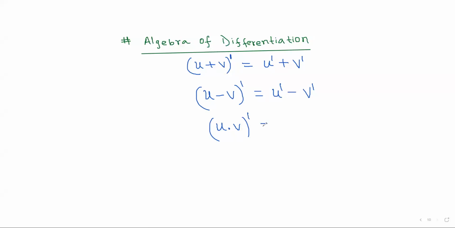First differentiate the u and multiply with v, plus differentiate the v and multiply with u. So the answer will be u dash into v plus v dash into u.